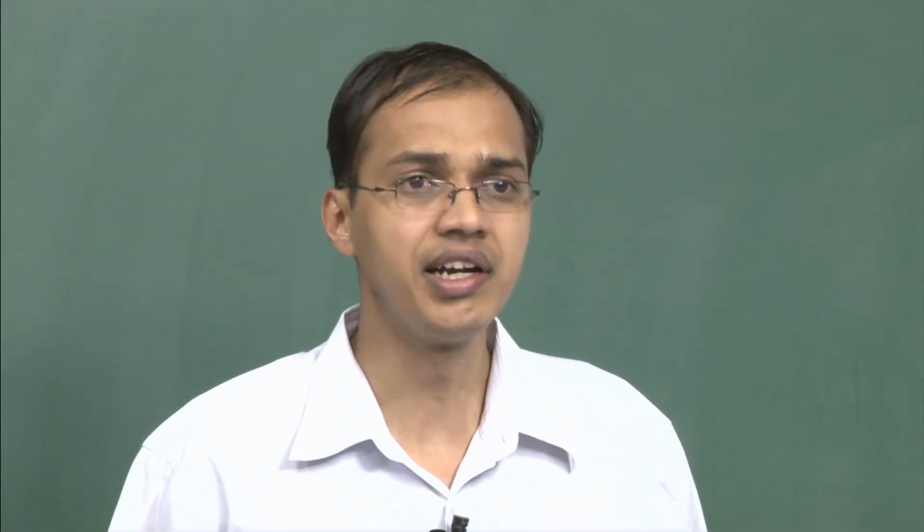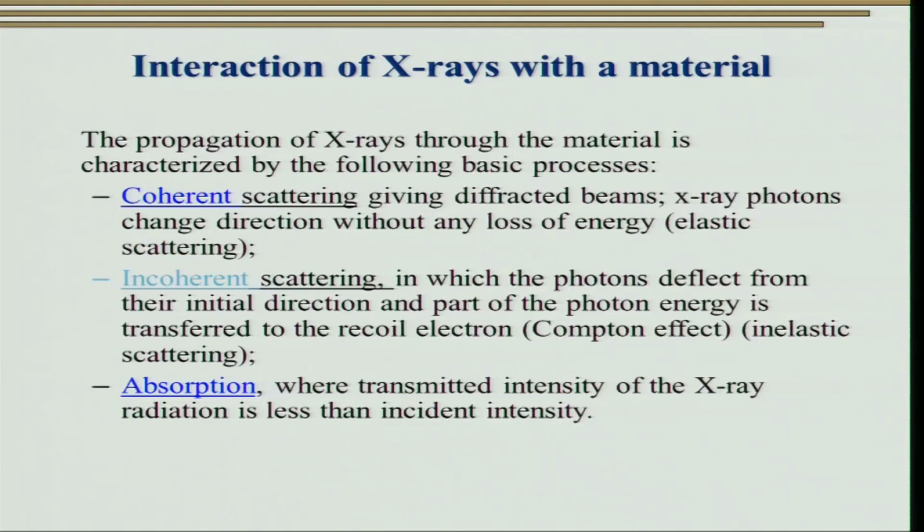But before we do that, let us try to understand how X-rays interact with matter. We know that the propagation of X-rays through matter is characterized by three basic processes, namely coherent scattering, wherein the X-ray photons do not change their energy, while there is also what is known as incoherent scattering, in which the photons deflect from their initial direction and part of the photon energy is transferred to the recoil electron, and is classically known as the Compton effect due to inelastic scattering.